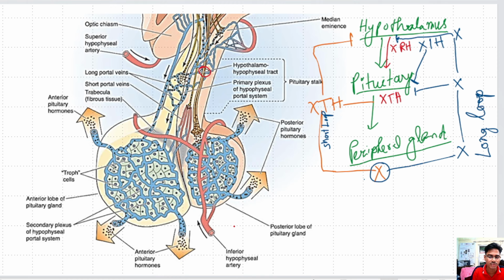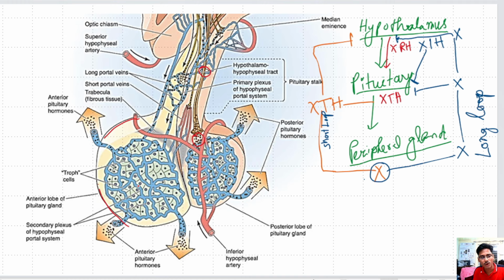This is the posterior pituitary, and in that lobe the neurons come directly here, and their secretion is shown on that diagram. The neurons directly secrete the hormones into the posterior pituitary. This section is the anterior pituitary.